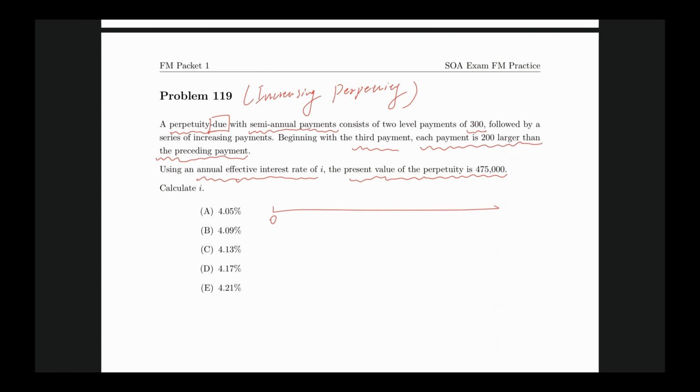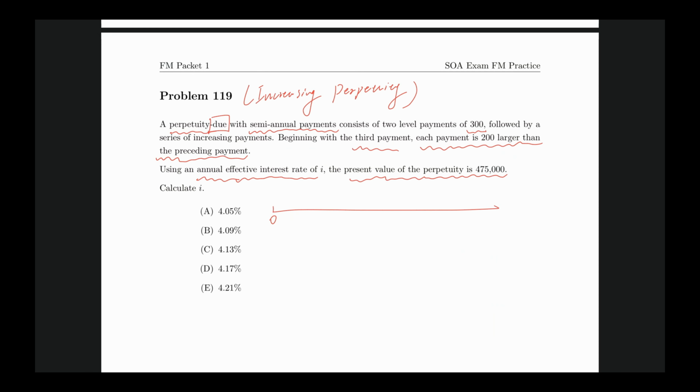The due here means that if I buy this, I will receive the first payment immediately at time zero. And the last payment, oh, we don't actually get a last payment, but if this were not a perpetuity, then the last payment would happen at time n-1 instead of n.